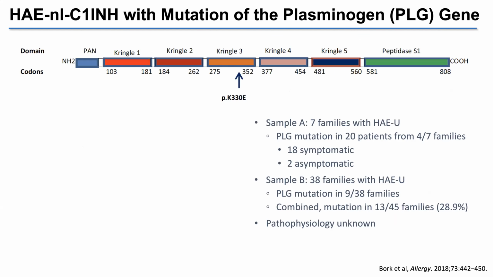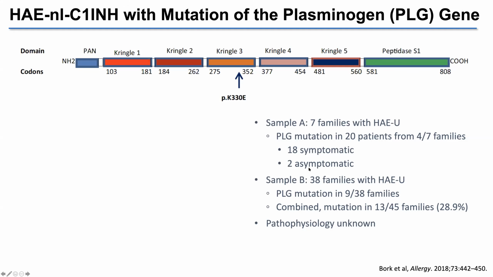Now, that's the only one we fully understand of the HAE normal, and it's the only one where I think there's really good evidence that it's bradykinin. We suspect that the mediator is bradykinin in the rest. The other genes include plasminogen, which in Germany seems to be fairly prevalent among this group.